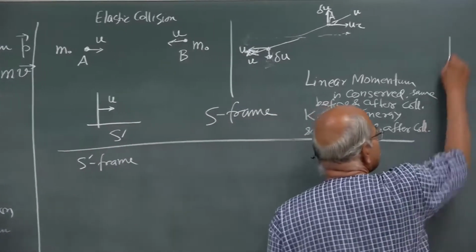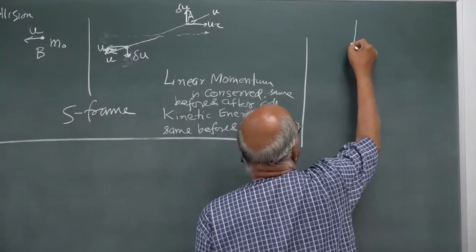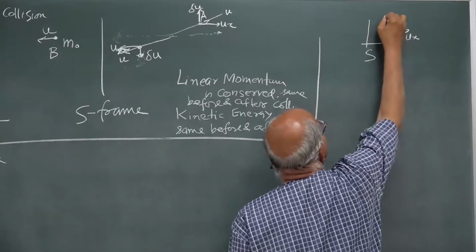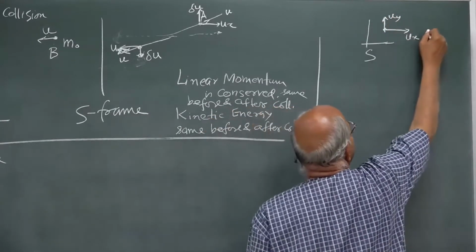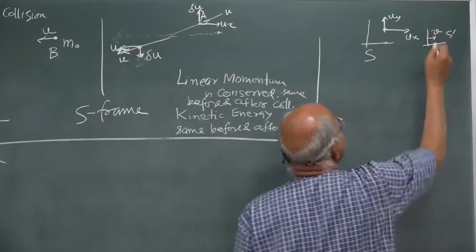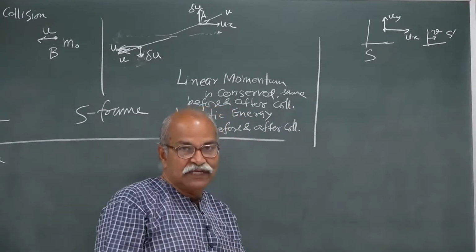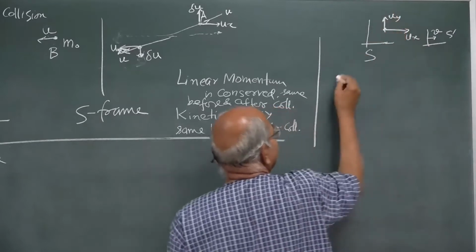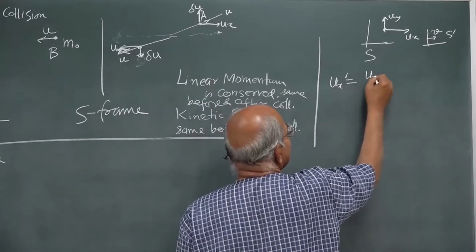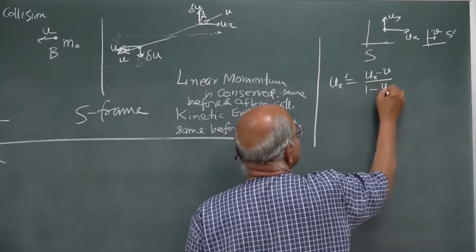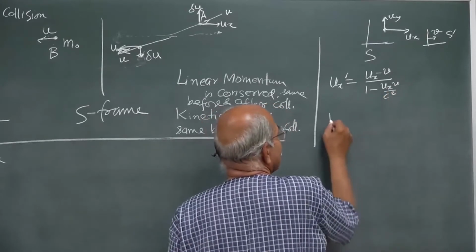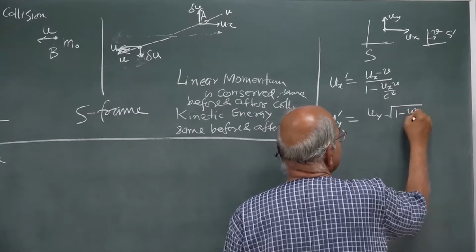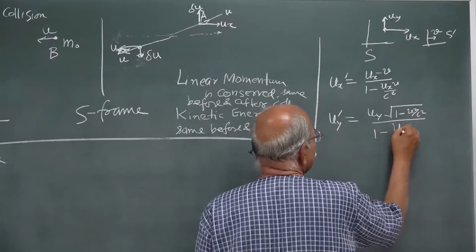So, you remember the velocity transformation equations. Suppose this is S, in S you have a particle which is going with some component ux here and uy here, and then you have a frame S prime, and S prime goes with a velocity v with respect to S. Our transformation equations for velocity was that from S prime frame, if you look at this particle, then you will have ux prime, which is ux minus v over 1 minus ux v by c square, and then you have uy prime, which is uy times square root of 1 minus v square by c square, divided by 1 minus ux v by c square.